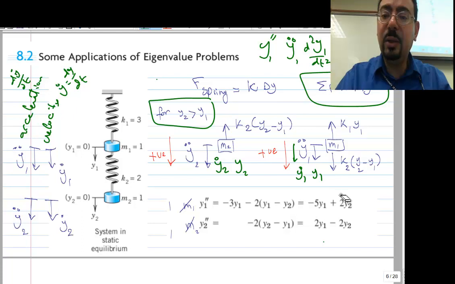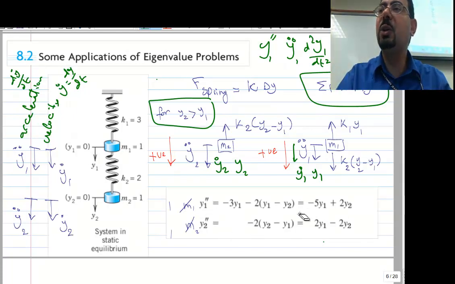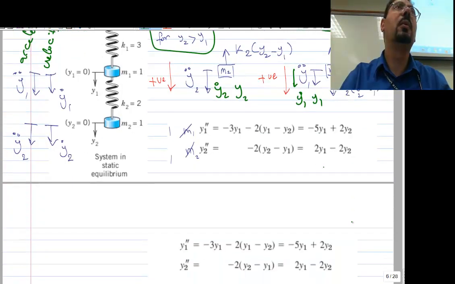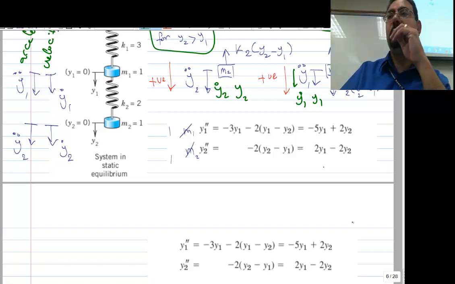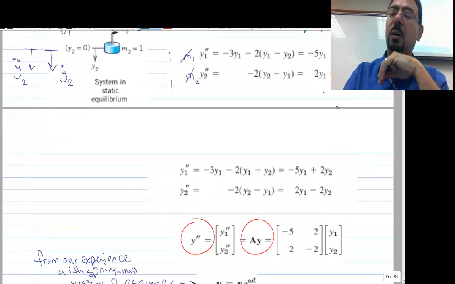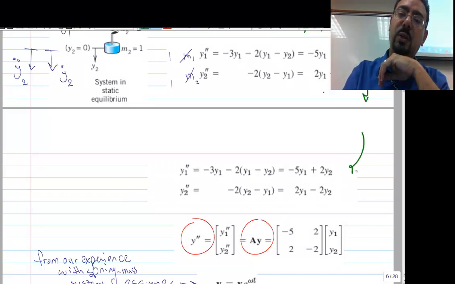Right? So how do we turn this differential equation into an algebraic equation? How are we going to do this? First of all, this is just copying it from here to here.